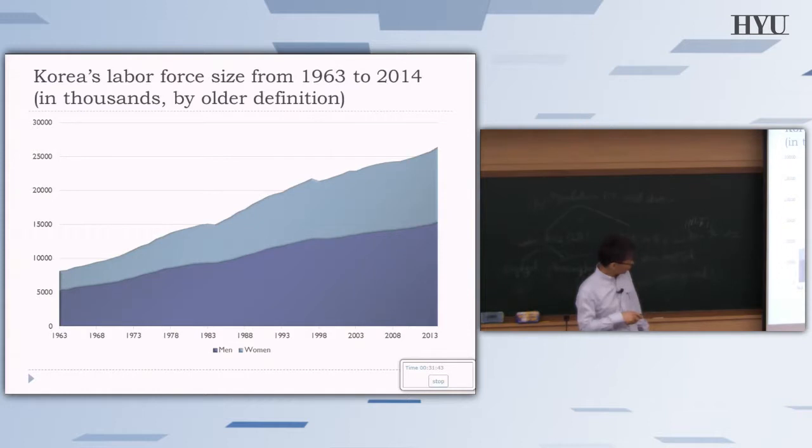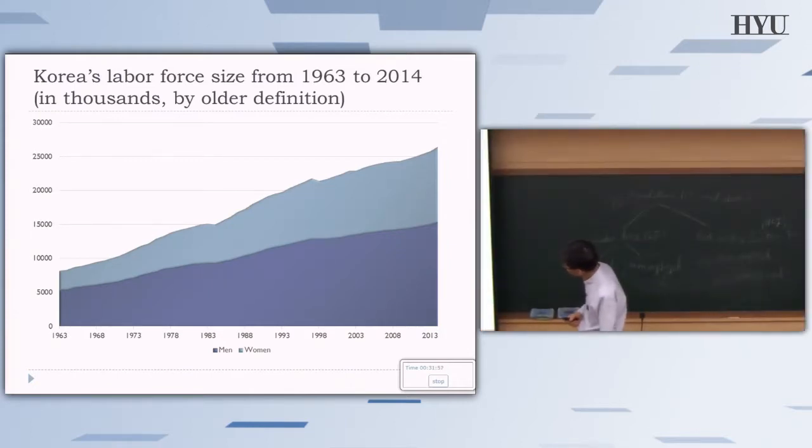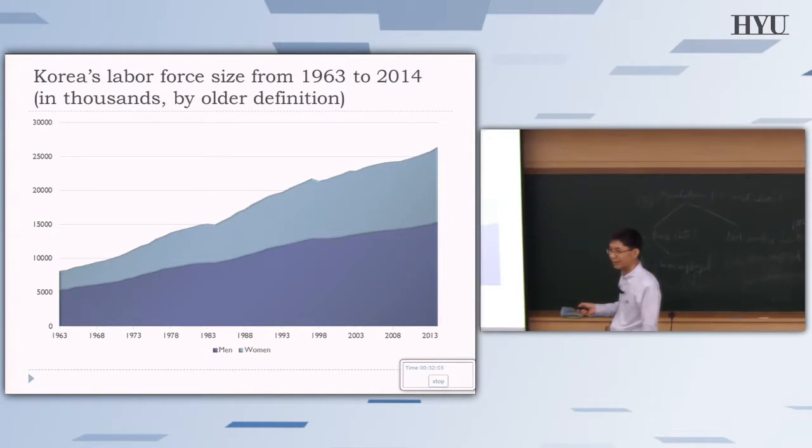Okay, this is men, this is women. Okay, there is an interesting trend. The first thing is that men and women both have been increasing most of the time. And which group has increased faster? Men or women? It's women, right? You see the trend. This is men's trend and women's trend.